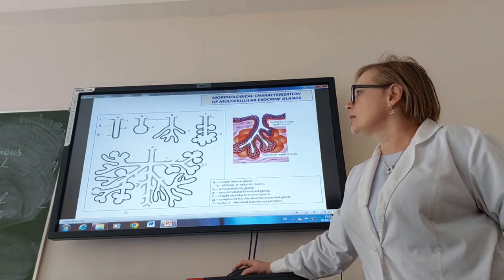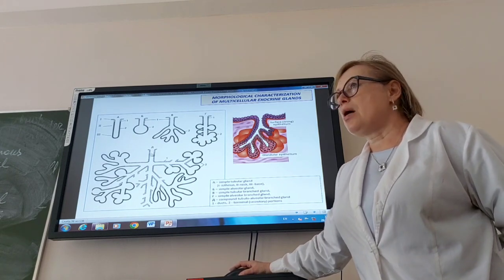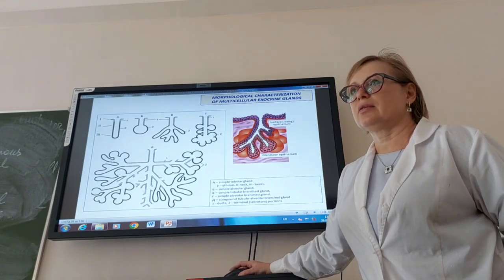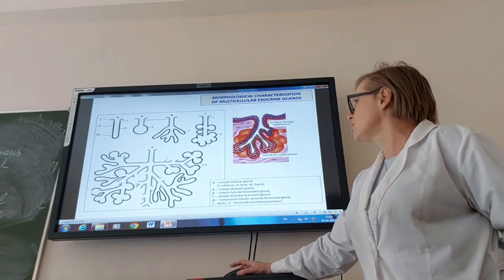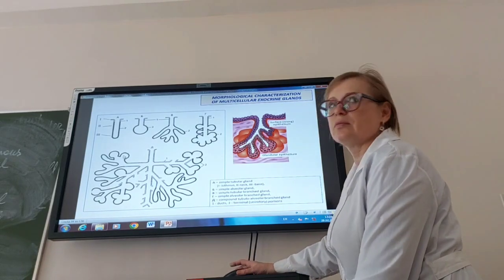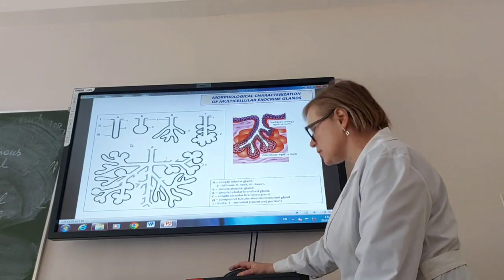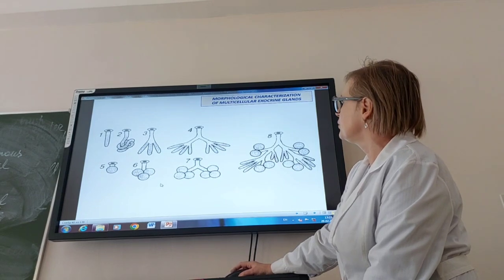Let's give classification to this. Compound, branched, tubular vesicle. Yes? Because we can see as tubular as vesicle secretory portions. Tubular vesicle is the tubular alveolar, right? Yes, it's the same, synonyms. Well, again, you can train yourself.